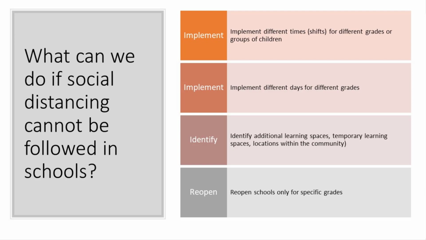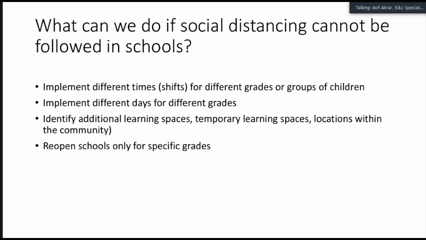This can help them improve those measures at the classroom level. So these are a few considerations to understand about how social distancing cannot be followed in schools, the different precautionary measures that can be adopted, and any innovative solutions needed to support the process. Next slide, please, Akram.